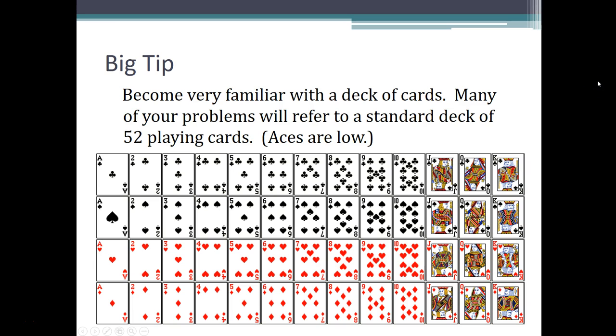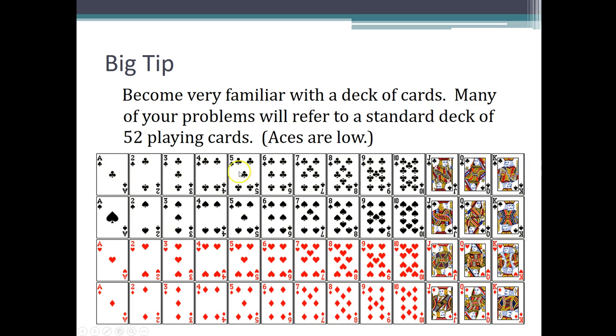In this process, you need to become very familiar with the deck of cards because there's going to be a lot of questions referring to drawing cards from a standard deck. We're going to have aces low, so aces are going to represent ones. And notice standard deck, you have 4 suits. You have your clubs, your spades, your hearts, your diamonds.